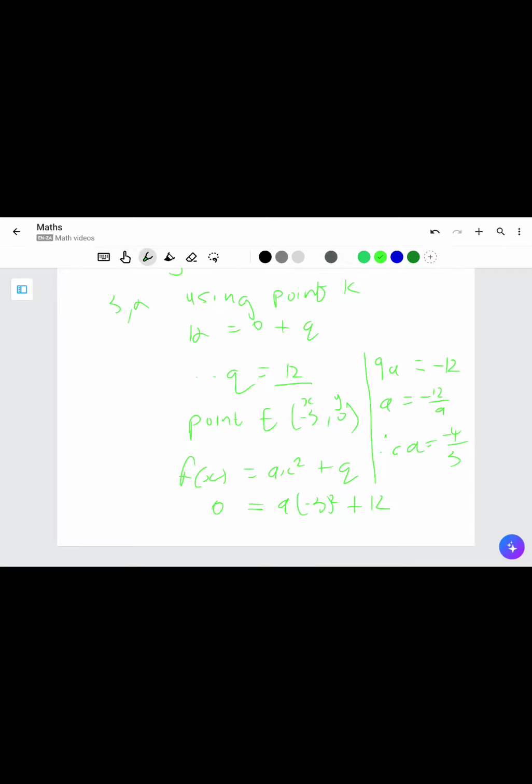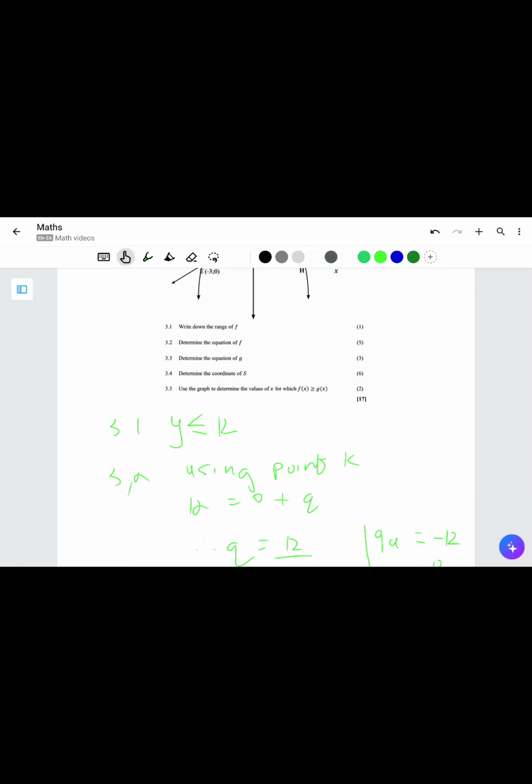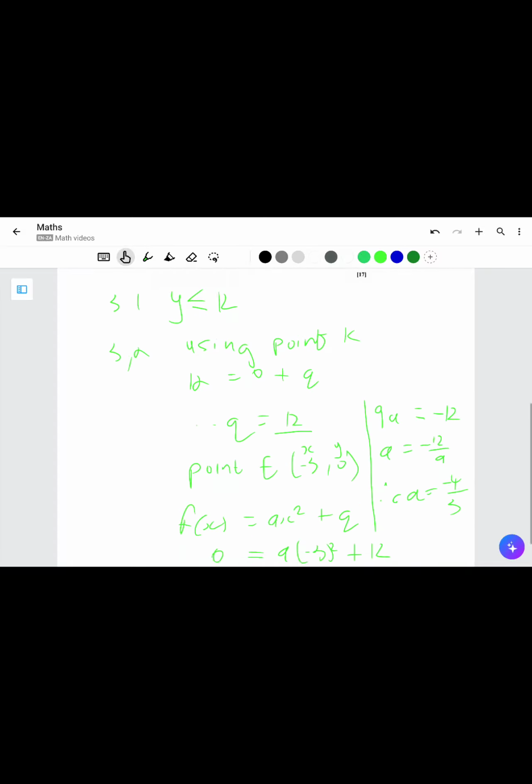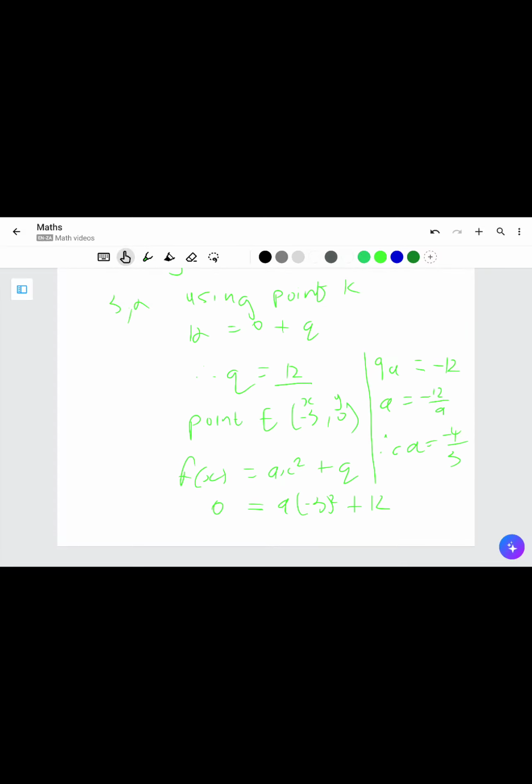Okay, so we now have our a value. We found our q value earlier, so we have the answer to our question. The question was determine the equation of f. So we can do that here.